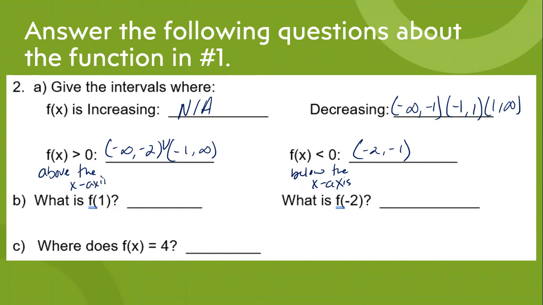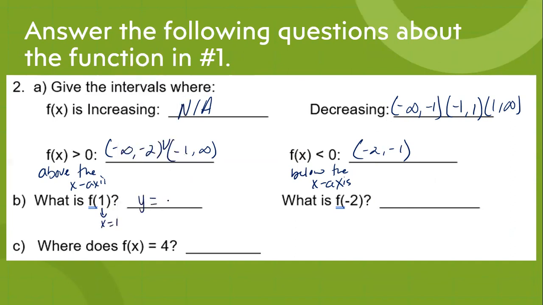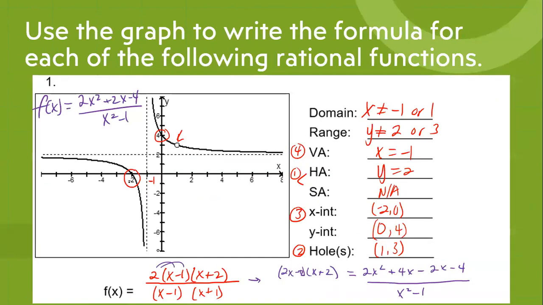Okay. Next is just analyzing. It says, what is f of 1? So if I go to x equals 1, what do I get? What is my y? There is none. Why is there none? There's a hole. Okay. If I go to x equals -2, what do I get? At x equals -2, we get 0.